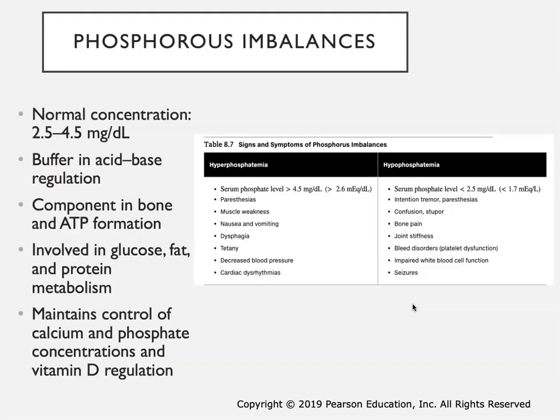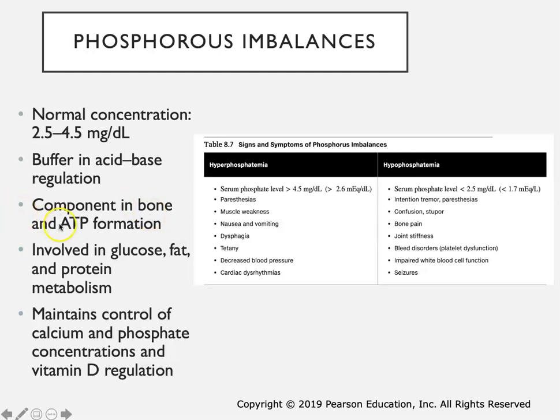All right, so phosphorus. Okay, so what about phosphorus, right? It is really important to the buffer system of the blood. So it acts as a buffer in acid-base regulation. So again, an ion or an electrolyte that is particularly important in maintaining the appropriate pH of the blood. It is also a component in bone, as you saw in that last figure, okay? It's also a component of ATP, right?